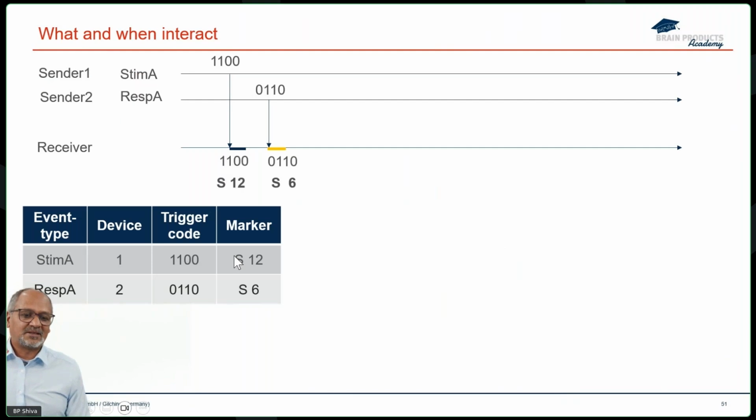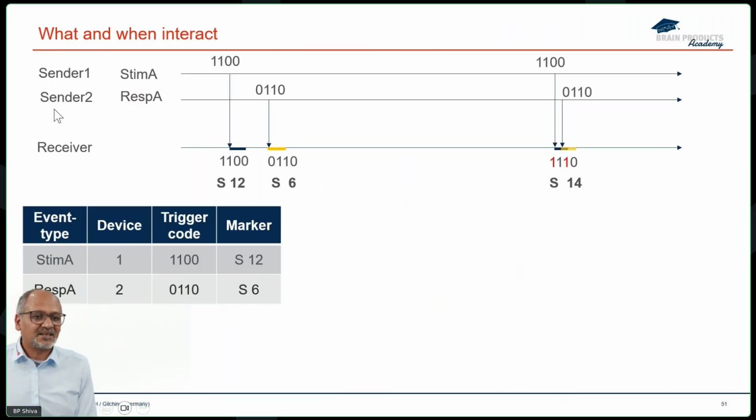We expect an S12 marker to be obtained when you send this, and S6 to be obtained when you send this. This is simply the decimal to binary conversion. There are no issues here, but because they are coming from different senders, their timings could be different, and it is possible that they can come very close together in time.